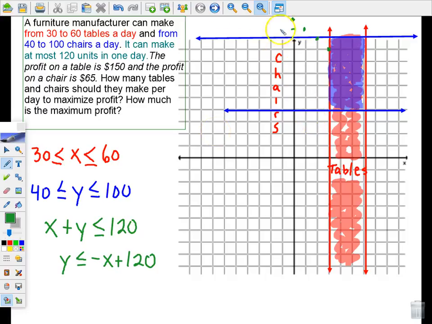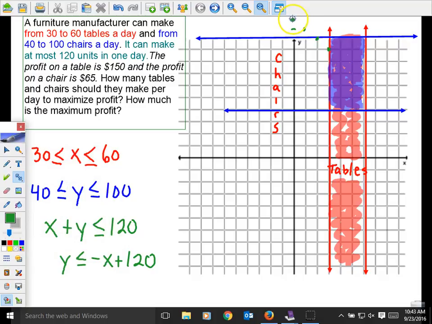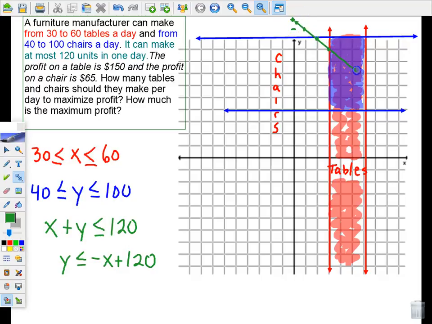And let's connect those dots, and I'm hoping I'm still going to be in good shape, even though I made up a couple of points up there. Okay, looks good.